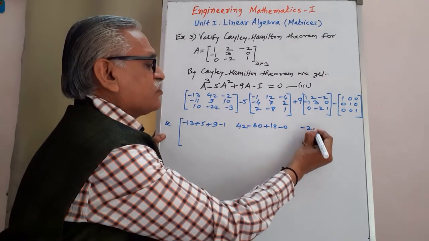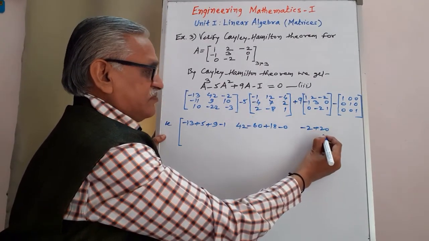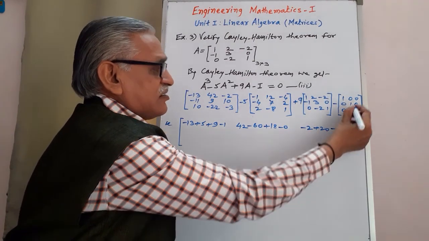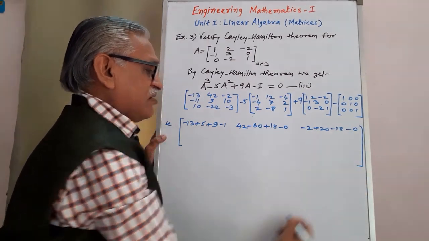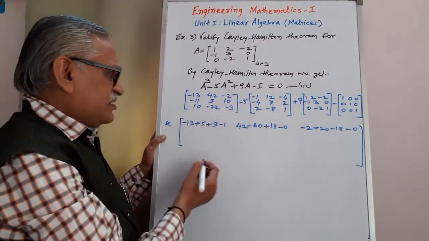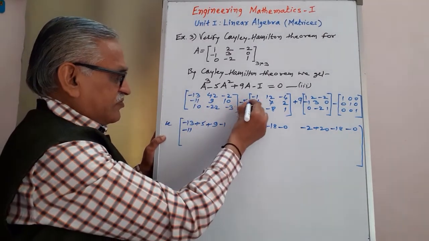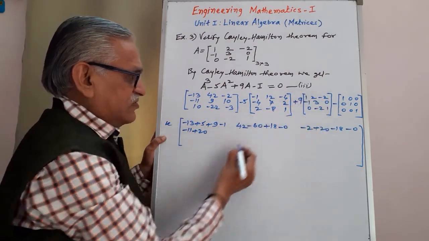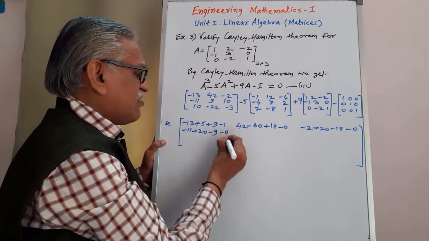Then -2 plus 20 minus 18 and plus 0. Then for the second row elements, -11, 20 and -0.